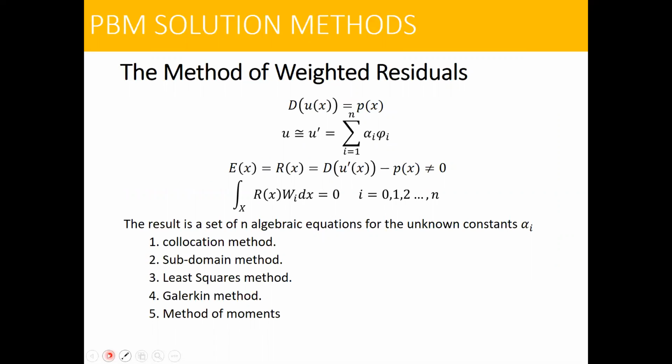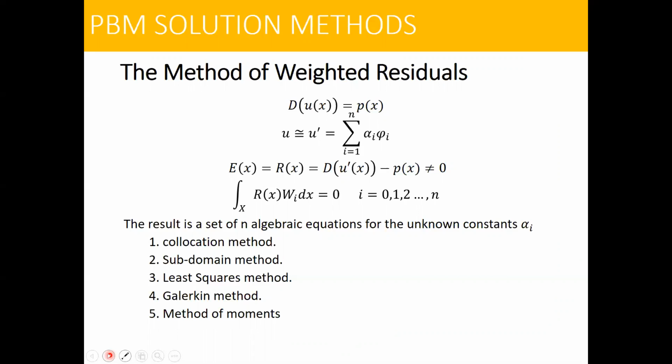The method of weighted residuals is an approximation technique for solving differential equations. Of course, it has been successfully applied to solve population balance equations as well.